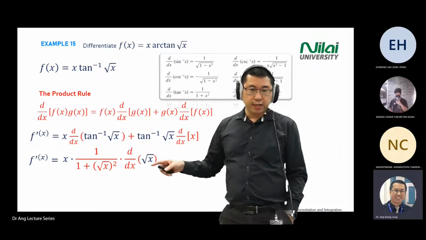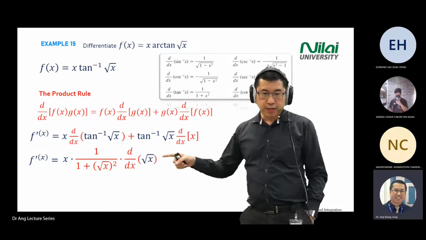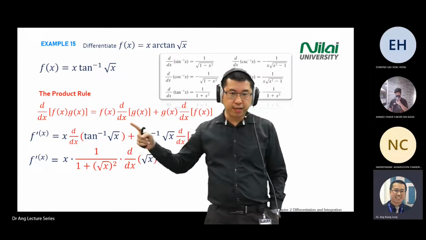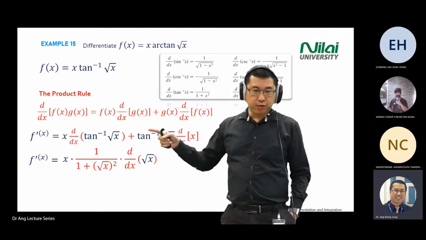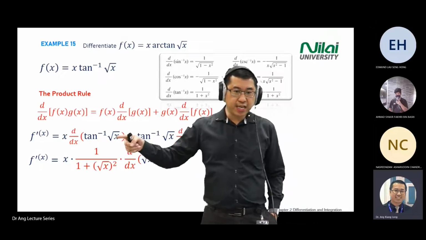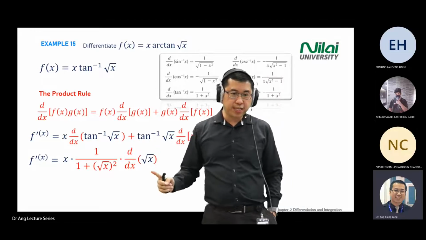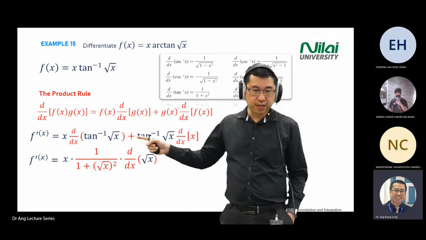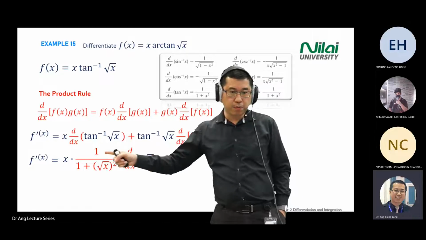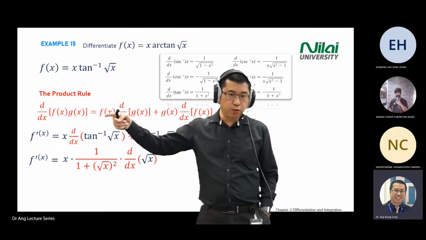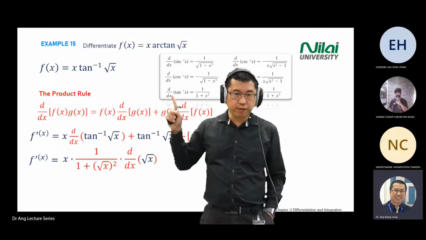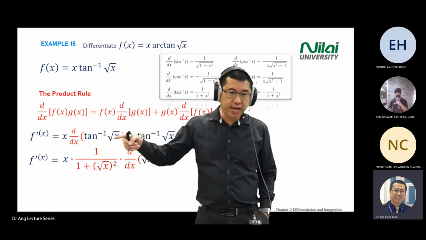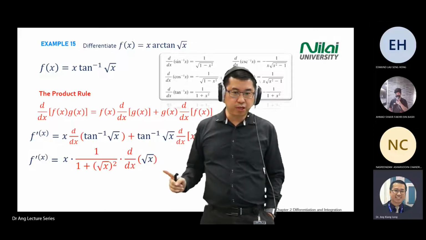And again, let me show you the first component. Once you see the bracket, when you differentiate the bracket, after you differentiate, you need to go inside one more time to process the dx of this one. That's why for the first component, although you refer to table already, don't forget to go inside the bracket to differentiate.